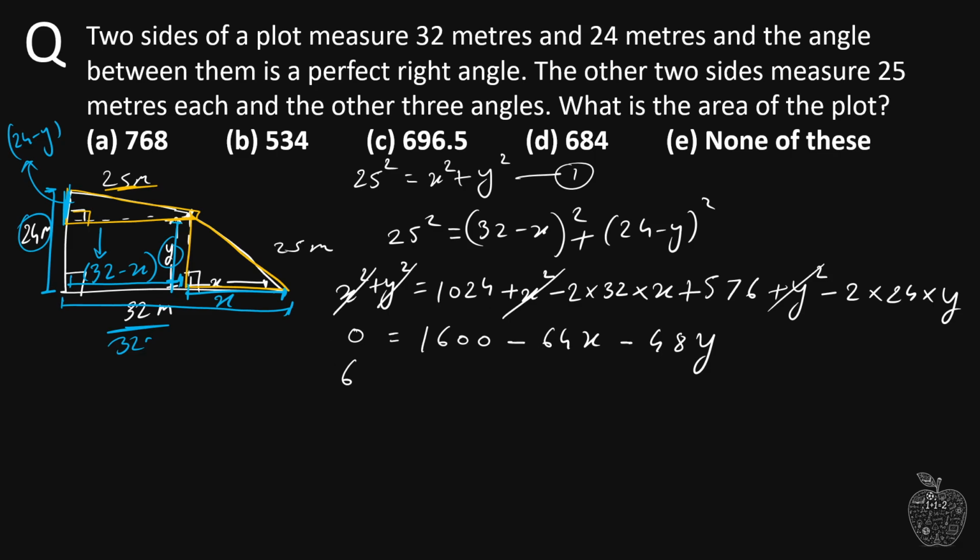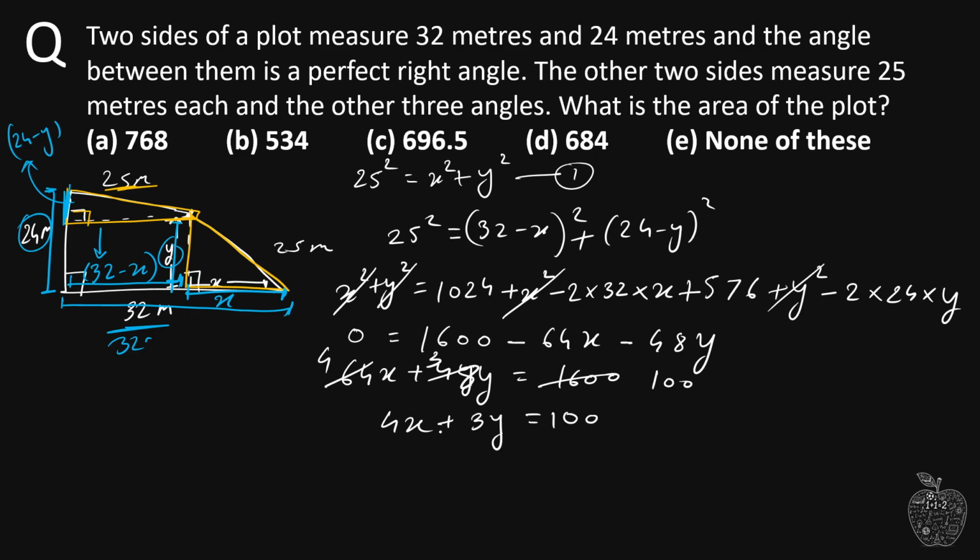So we get 64x plus 48y is equal to 1600. Now let's divide all the values by 16 here. 16 times 4 is 64, 16 times 3 is 48, and 16 times 100 is 1600. So finally we are left with 4x plus 3y is equal to 100.